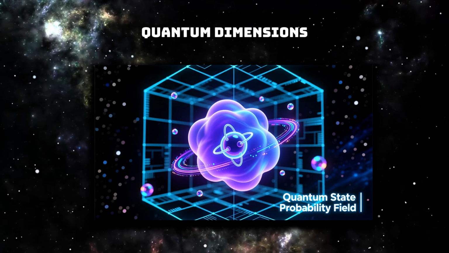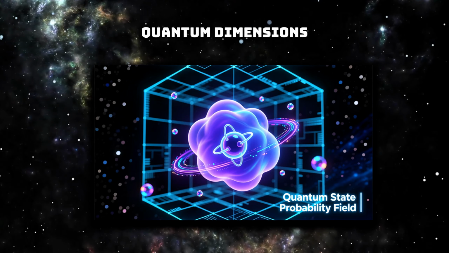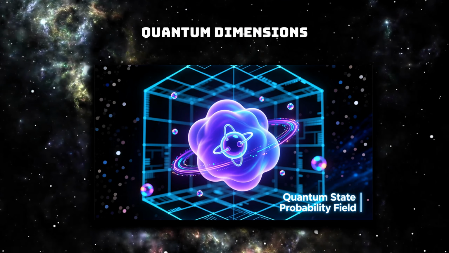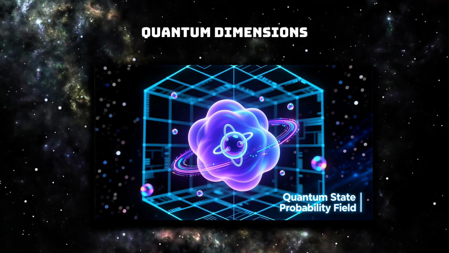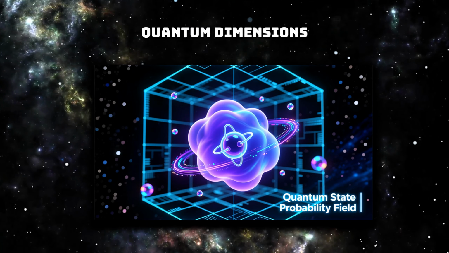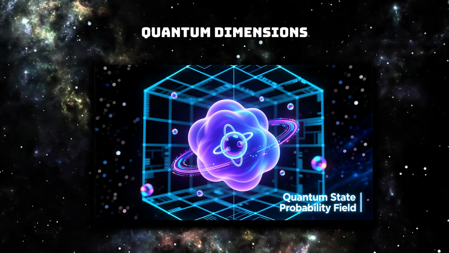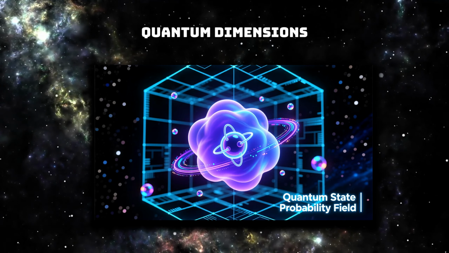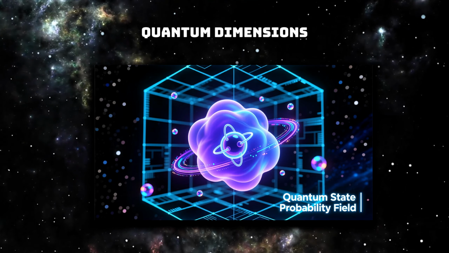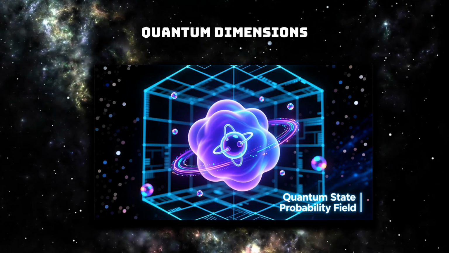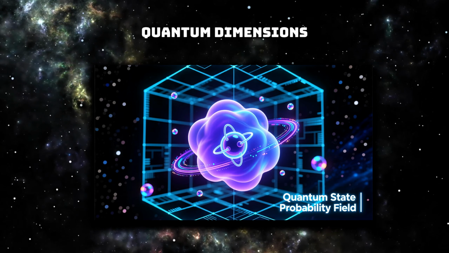The electron is not traveling through hundreds of dimensions. Rather, its wave function, its state, is described using hundreds of mathematical degrees of freedom. This is why scientists often say quantum mechanics happens in Hilbert space, not in physical space. Quantum dimensions describe what the universe could be doing, not just where things are located. Why quantum dimensions matter?